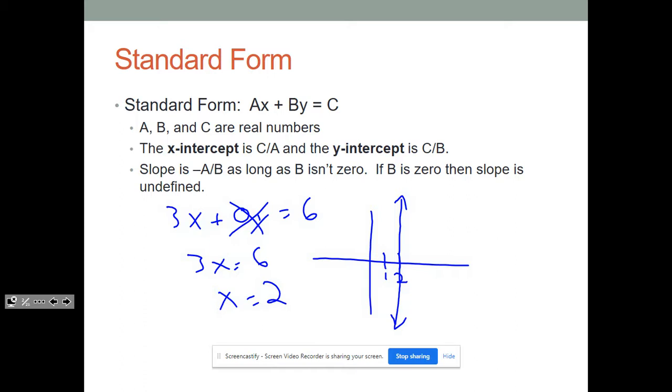If a is 0, you get y equals something, like y equals 3, and that's a horizontal line. So that's that.